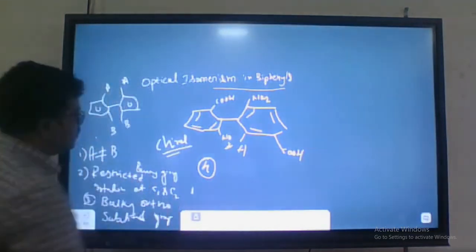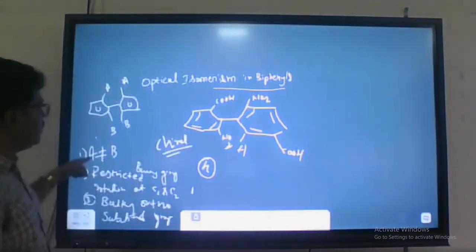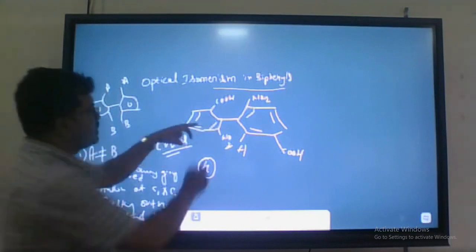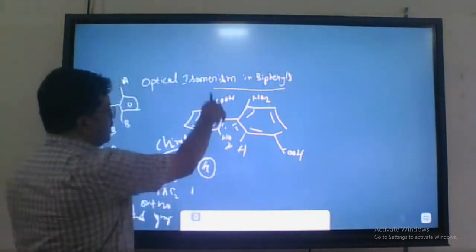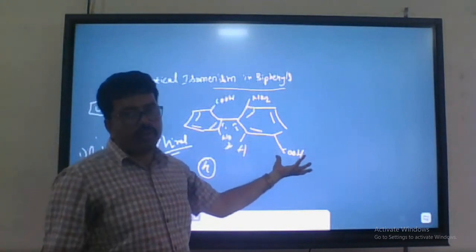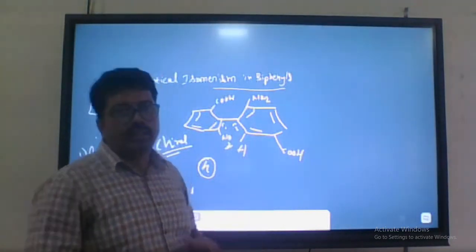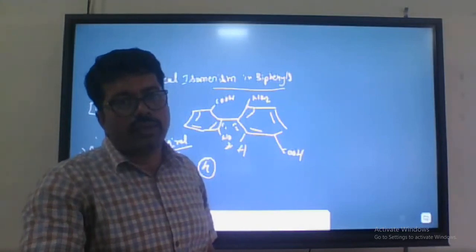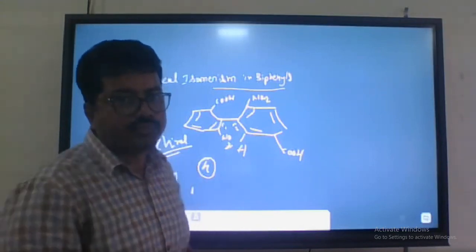For a biphenyl to be called chiral, A is not equal to B, there must be restricted rotation between C1 and C2, with the bulkier group in the ortho position, and one of the groups may be present in COH.